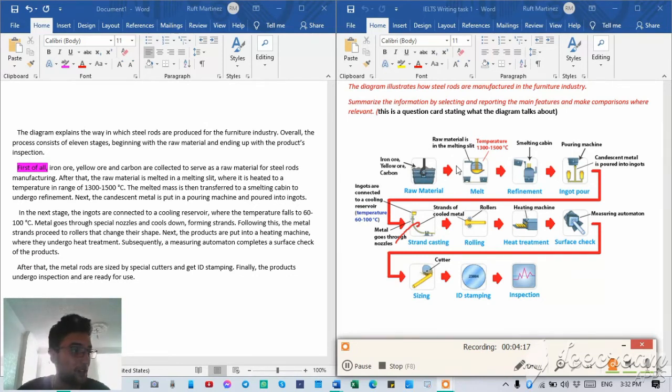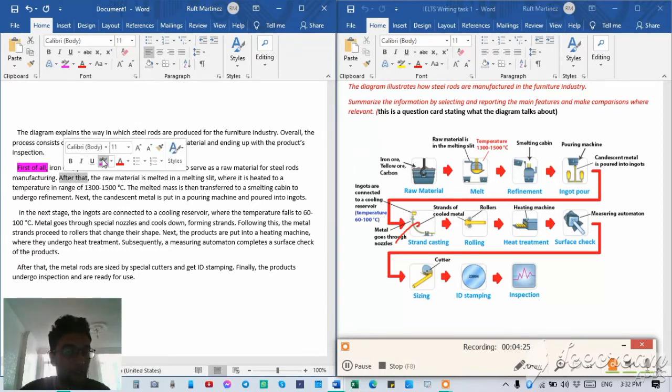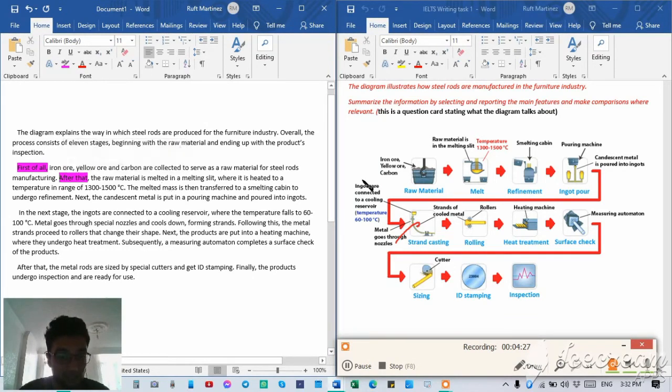The second stage starts with another connector, another linking word. I'm going to describe the second stage like this. Let's read first: the raw material is in a melting fleet. This is the melting fleet.